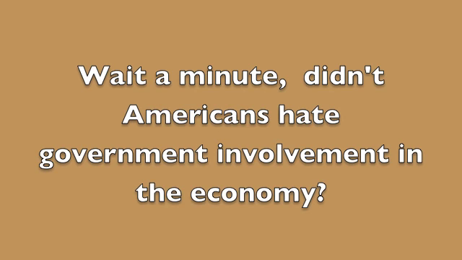Well, the simple answer to this complicated question is that most Americans understood that the government should be involved in very specific and very important instances, but it should not be involved in most of the economic decision making.